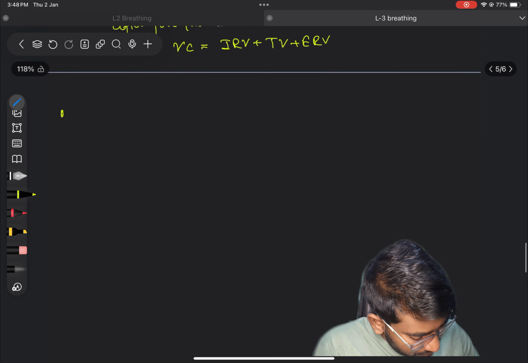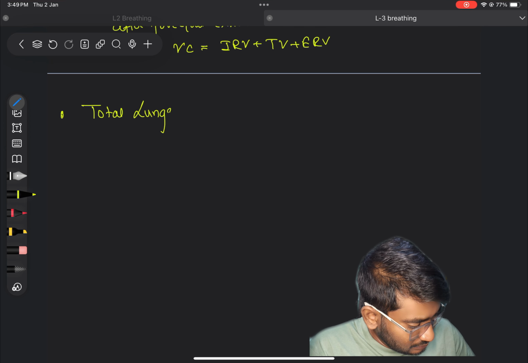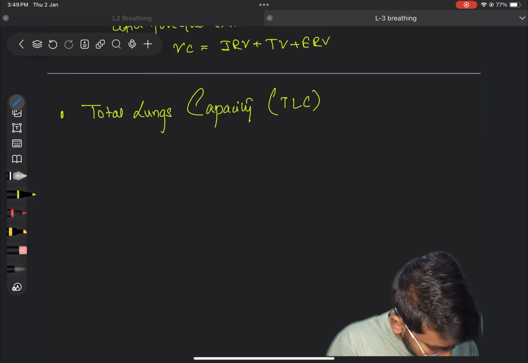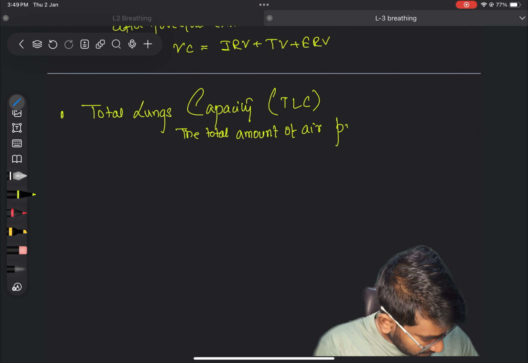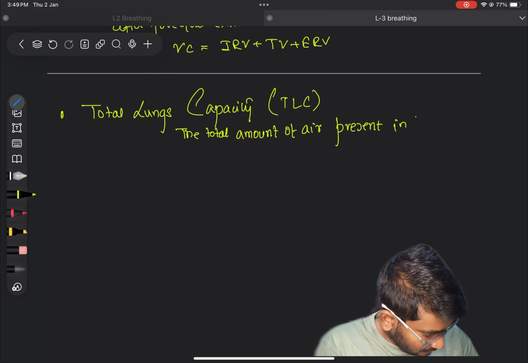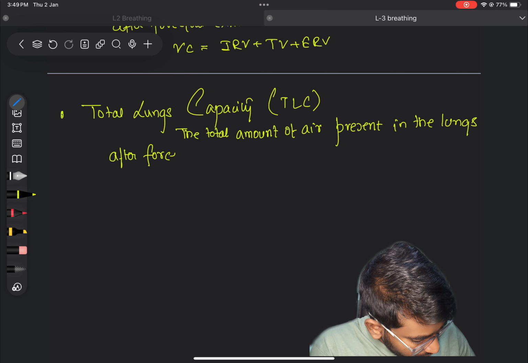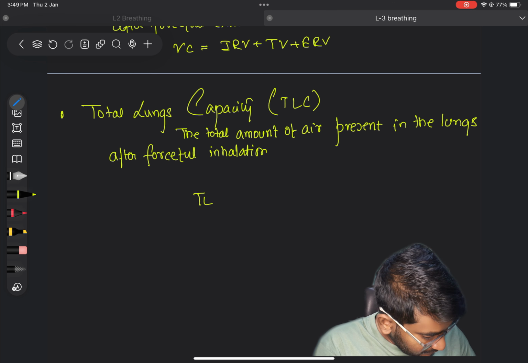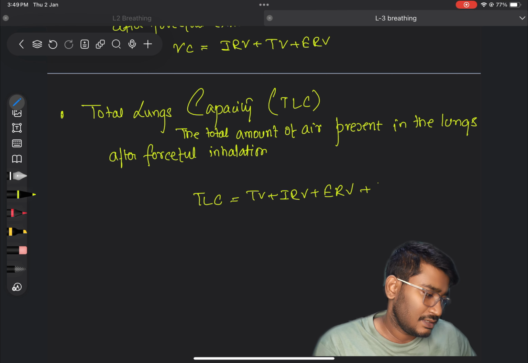Now the next, total lung capacity, TLC. The total amount of air present in the lungs after forceful inhalation, that is TLC equals TV plus IRV plus ERV plus RV.